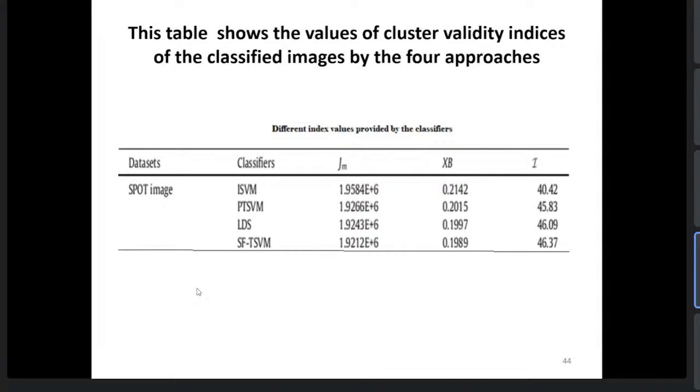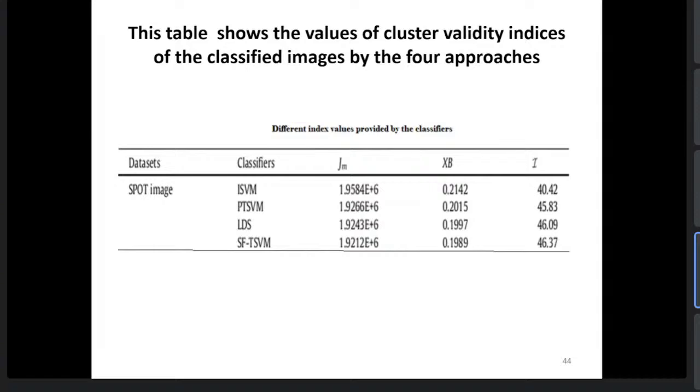And in case of I, the value of I is 46.37, which is more than the I values provided by the other algorithms. So we can claim that our method is better than the existing algorithms.